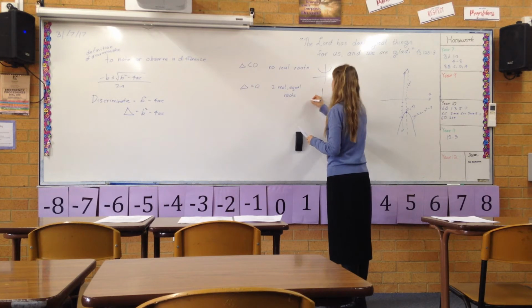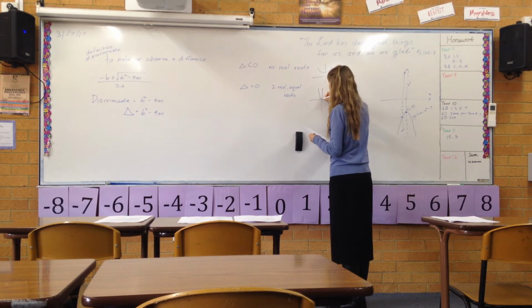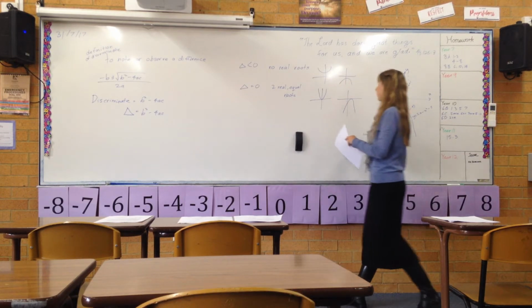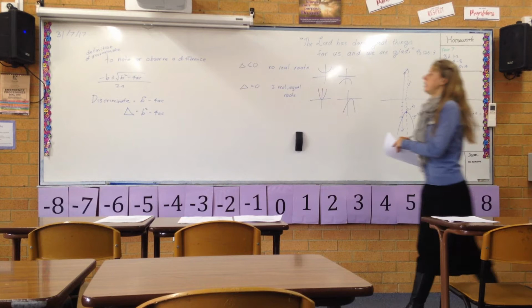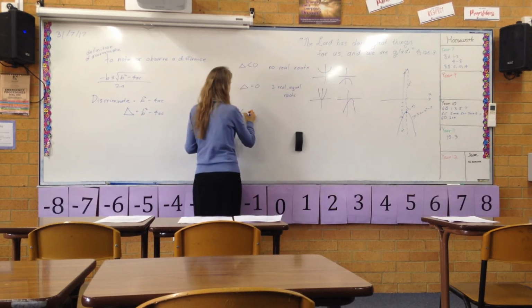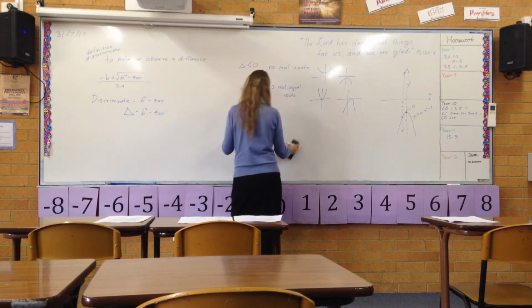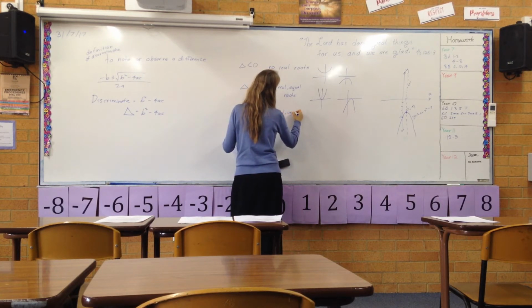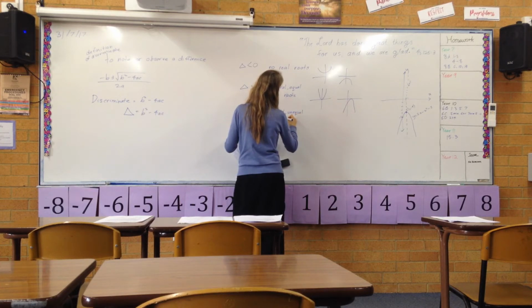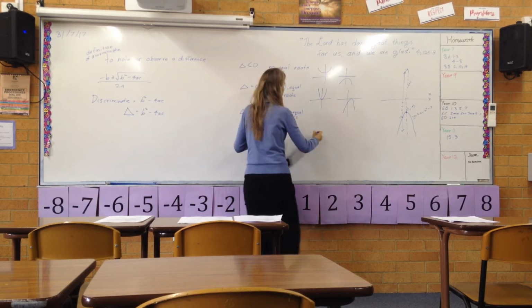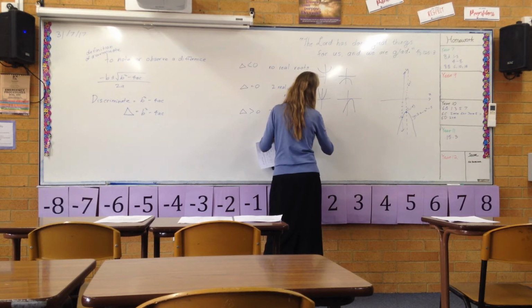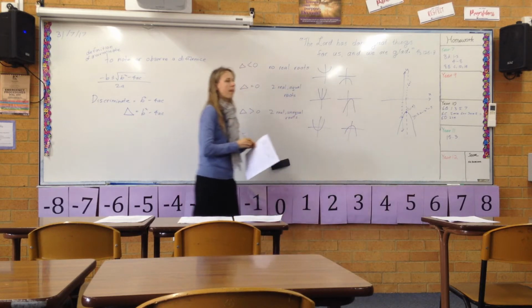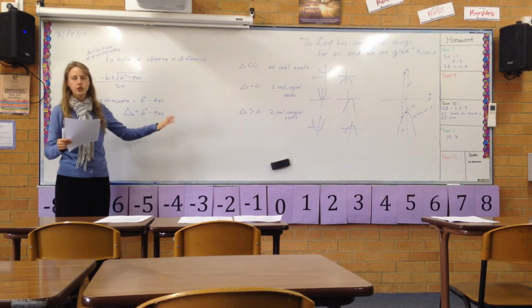Which means it touches. So it's going to look something like that. And if it is greater than 0, it has 2 real unequal roots, which means it crosses twice. It's going to be like that, or like that. Any questions about that?